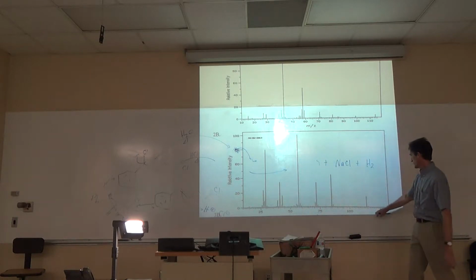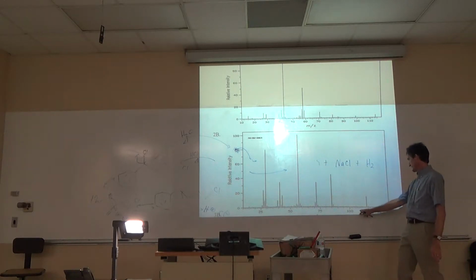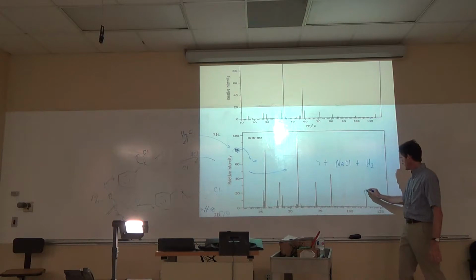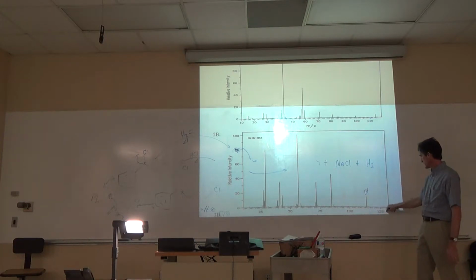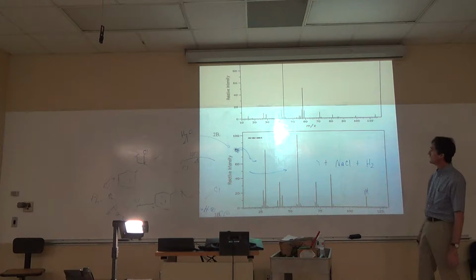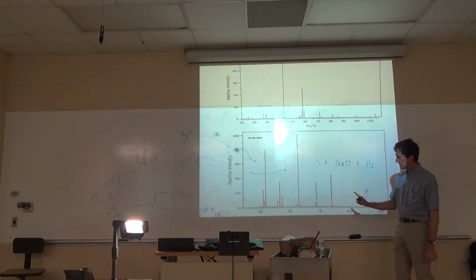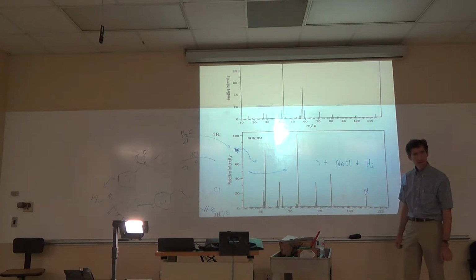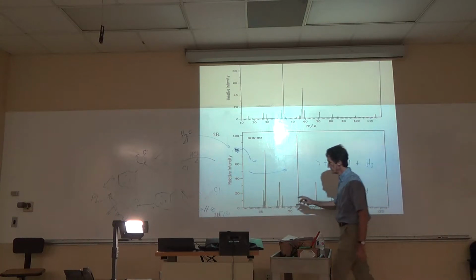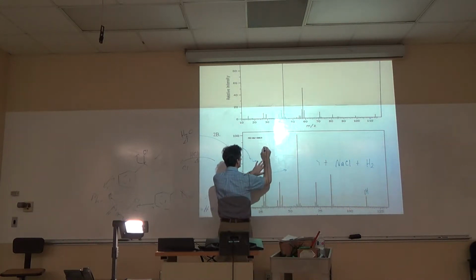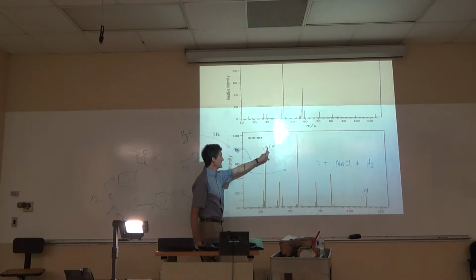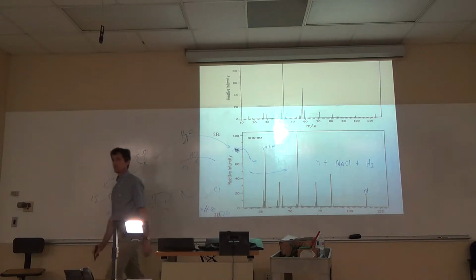Is the molecular ion 114? Yes, it's 114. And you said M minus what? 85. What's that going to be, 29? I'd almost focus on the 29, the smaller fragment. 85 is so big.